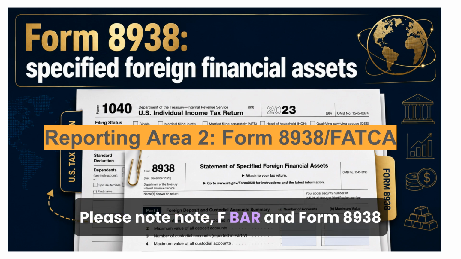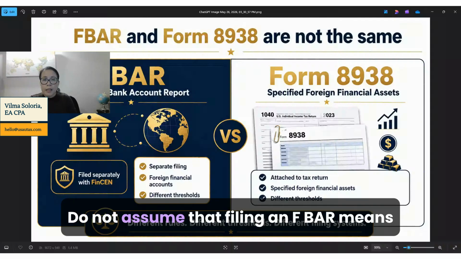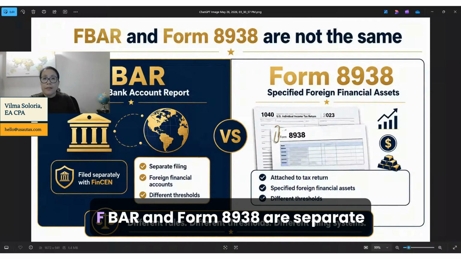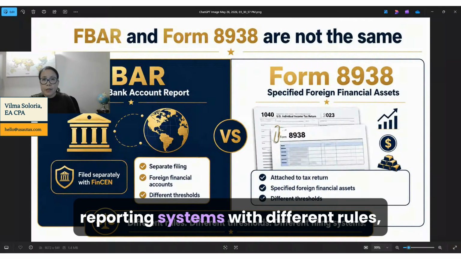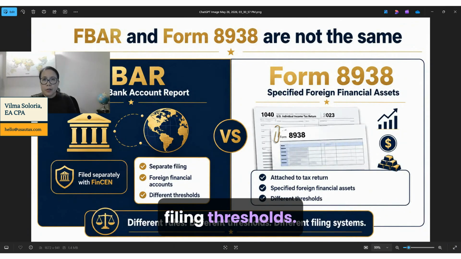Please note FBAR and Form 8938 are not the same. Do not assume that filing an FBAR means you are done. FBAR and Form 8938 are separate reporting systems with different rules, different filing locations, and different filing thresholds.